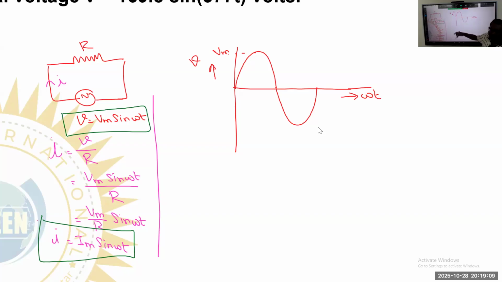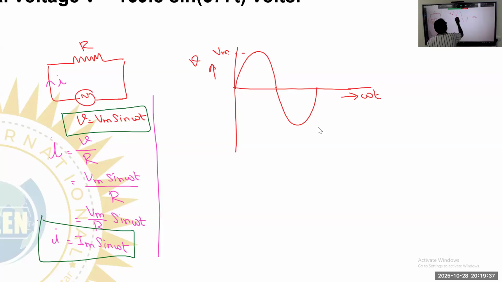So this is the waveform we give, and this is the current we get. But we have to draw the waveform graph for the current. How to draw the waveform? For both the voltage and current, the common term is omega t. At omega t equal to 0, sin 0 becomes 0, so 0 into Vm is 0.